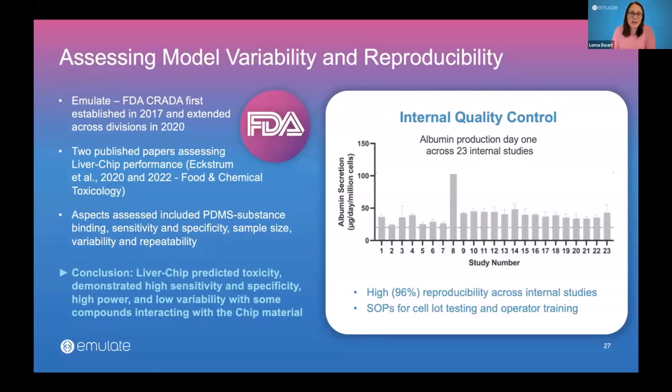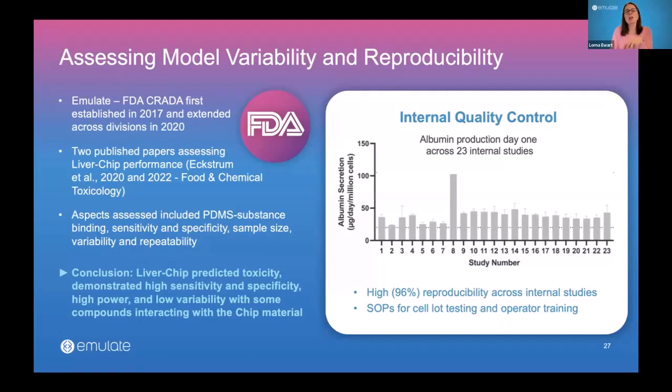During the publication then of these 2 papers, the team at CFSAN put our liver chip through a series of performance metrics and looked at the PDMS substrate and its ability to bind drugs, its sensitivity and specificity, sample size, variability and repeatability.